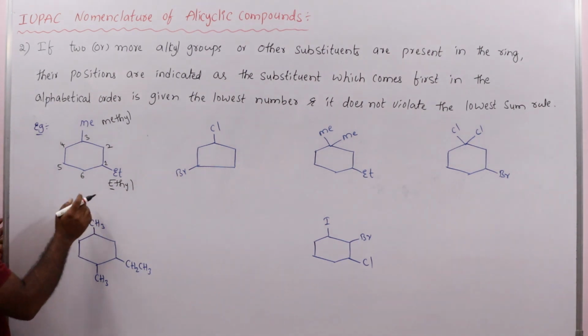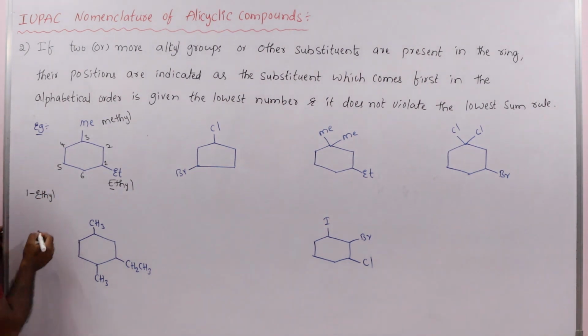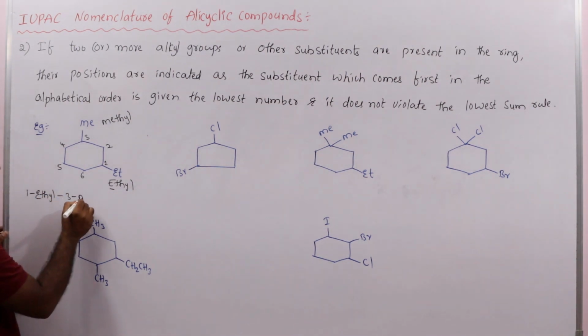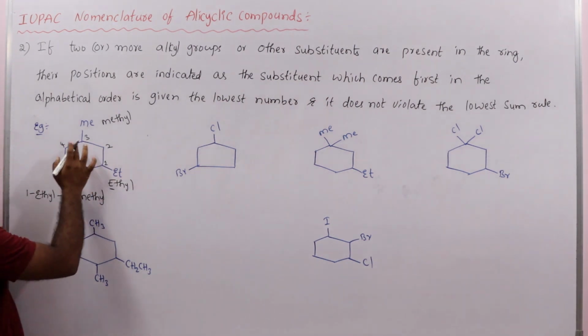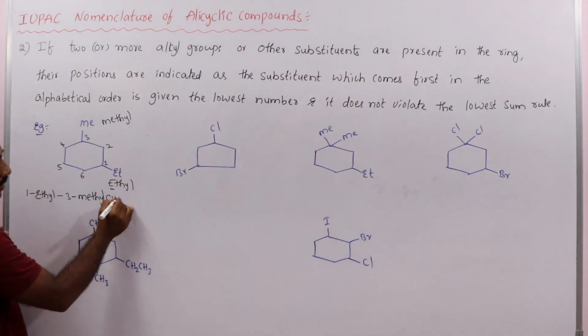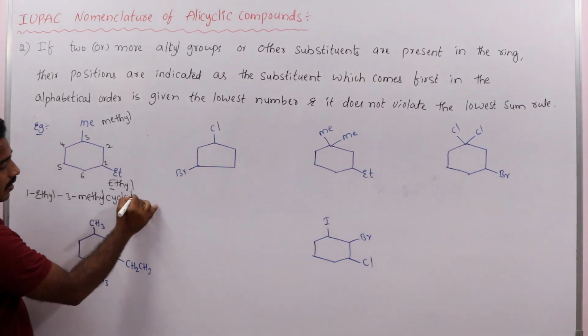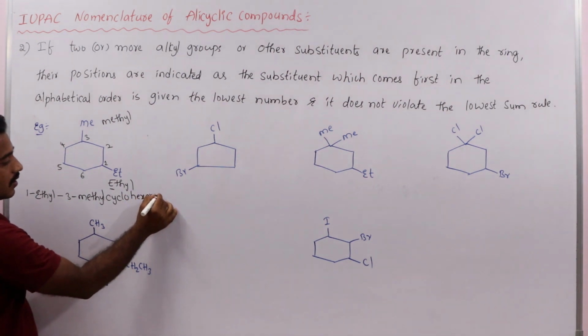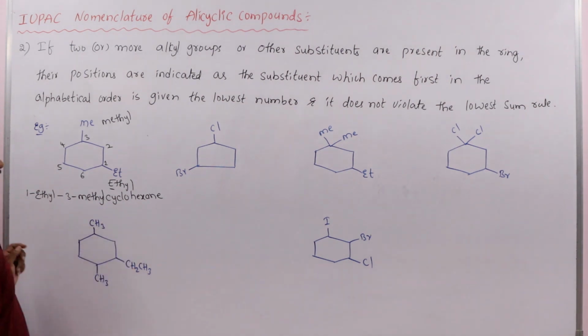Here ethyl comes first in alphabetical order, that's why 1 ethyl, next 3 methyl. This is a cyclic 6-membered ring. Cyclo is the prefix, it is a 6-membered ring, that's why cyclohexane. 1 ethyl, 3 methyl, cyclohexane.